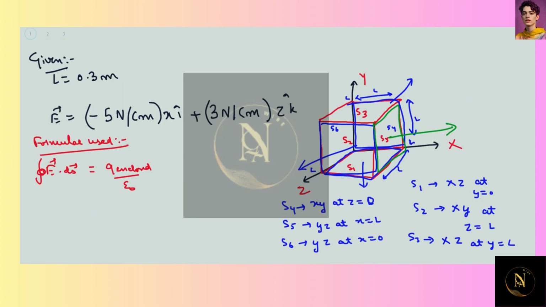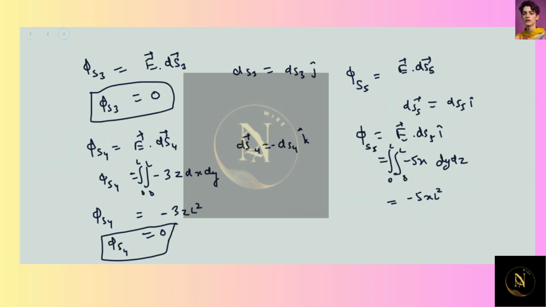We have x equals L. That means we have minus 5L cubed. So this gives us minus 5 times 0.3 cubed newton per coulomb meter, which gives minus 0.135 newton per coulomb meter. So this is our phi S5.